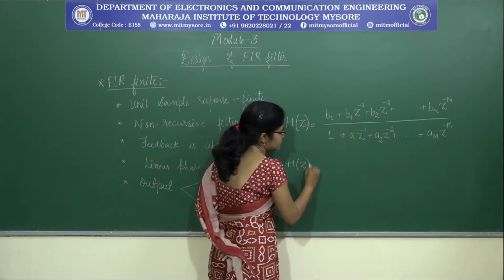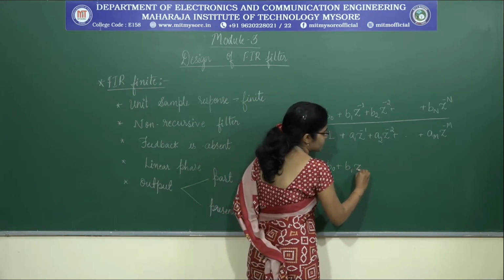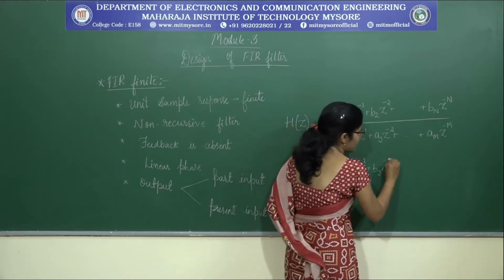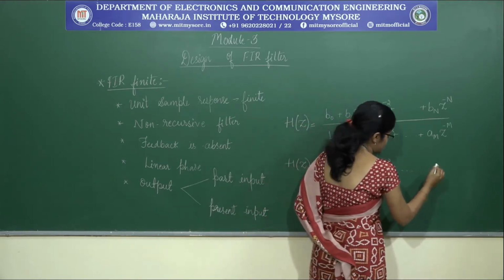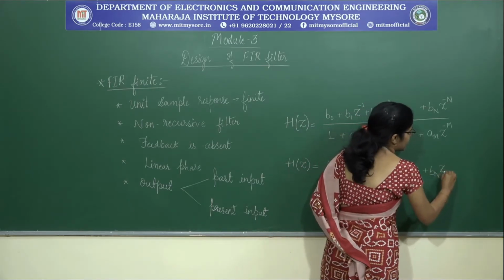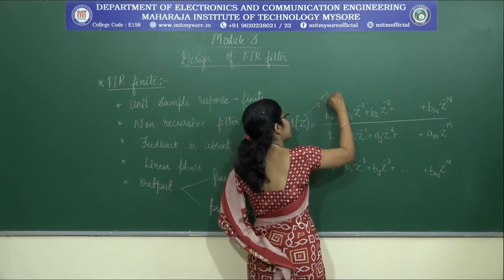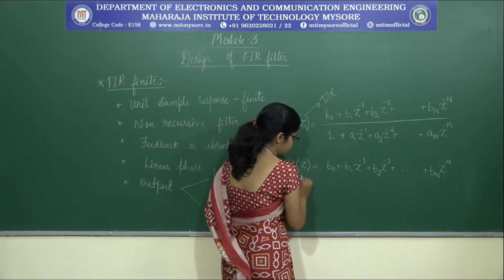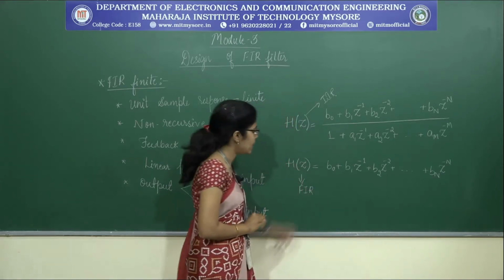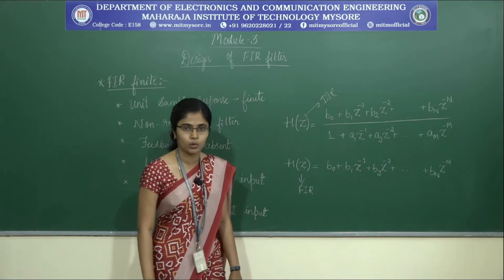If I write the system function of an FIR filter, I can write it as H of Z equals B0 plus B1 Z power minus 1 plus B2 Z power minus 2 plus similarly up to Bn Z power minus n. So the earlier one is the system function for IIR filter, and this is the system function for FIR filter, where B0, B1, B2, Bn are nothing but the filter coefficients.